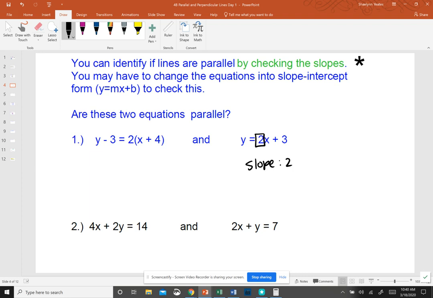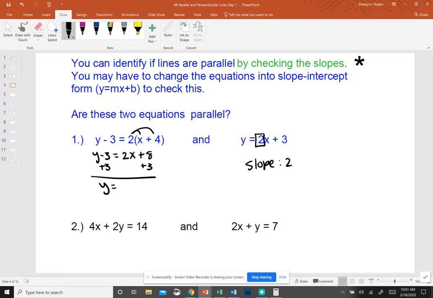The other one, however, is not set up in such a way that it's super easy to see my slope. So now I need to distribute my 2. I have y minus 3, that didn't change, equals 2x plus 8. That's just 2 times x and then 2 times 4. Now, I've still got something next to my y that I need to get rid of, so I'm going to add 3 to both sides.